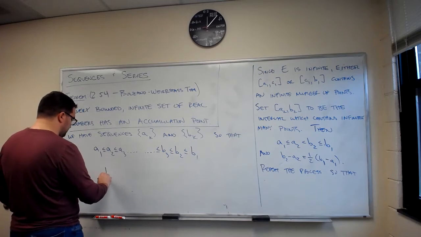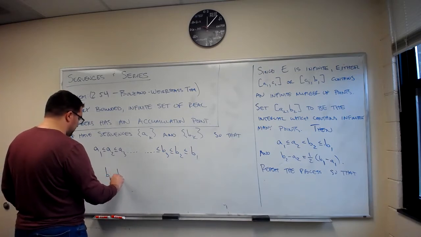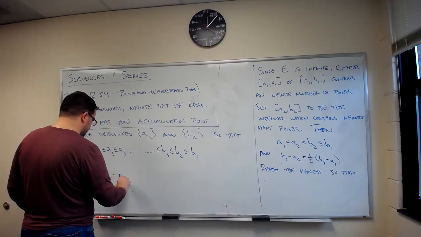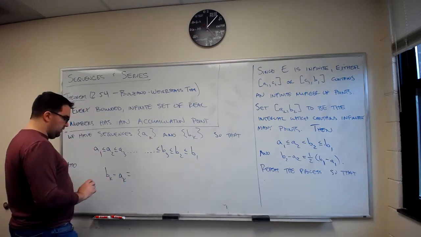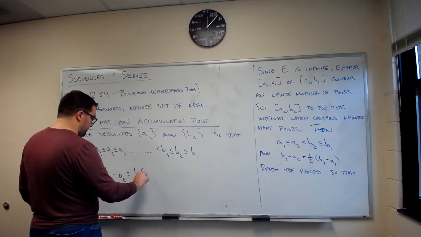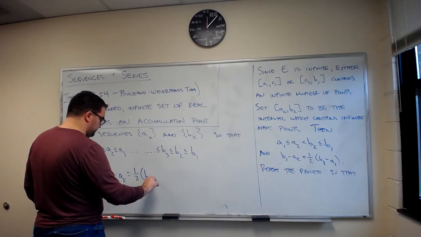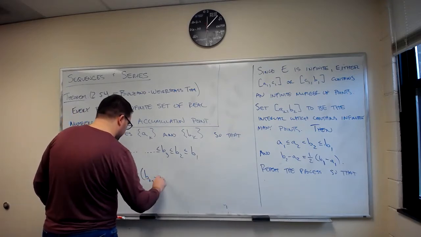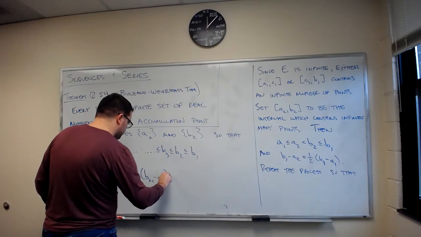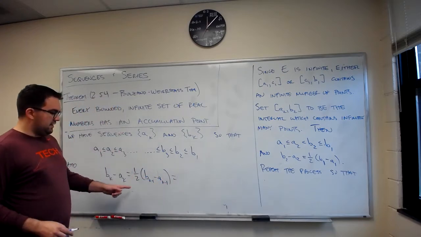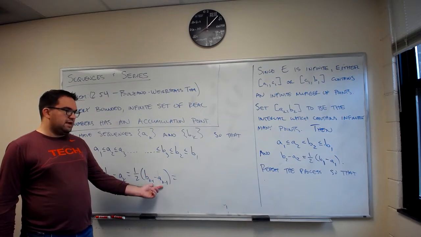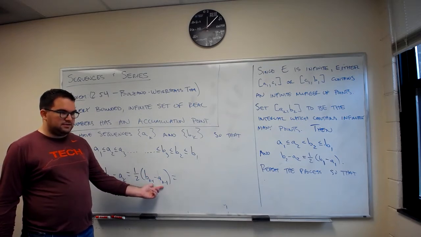And if I look at BK minus AK, I know that that would be 1/2 of BK minus 1 minus AK minus 1. But I can iterate that process. This thing would be 1/2 times BK minus 2 minus AK minus 2.